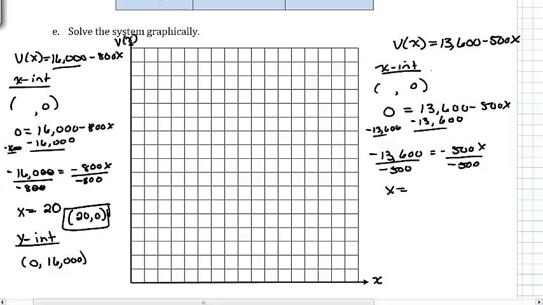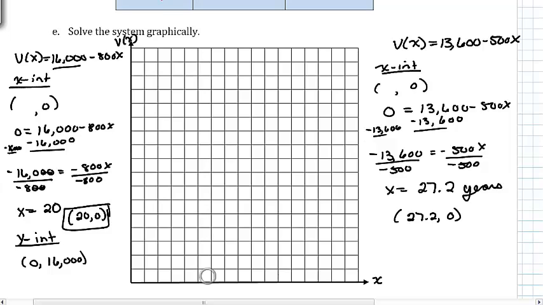And what do we get here? 27.2. Let's see. And I did do my calculation correctly. So that would be 27.20.